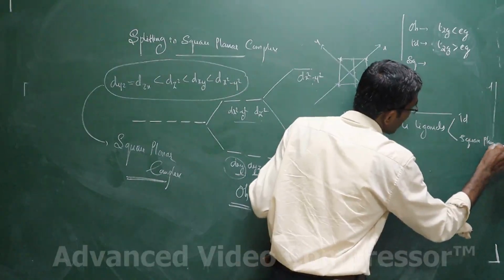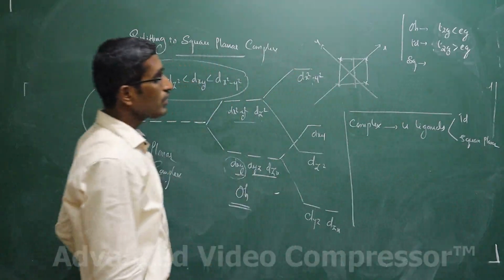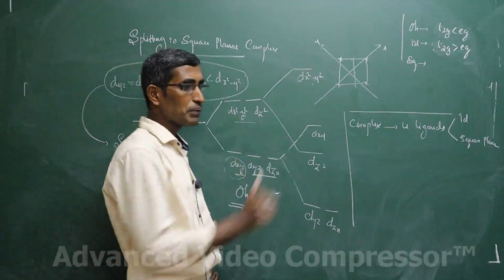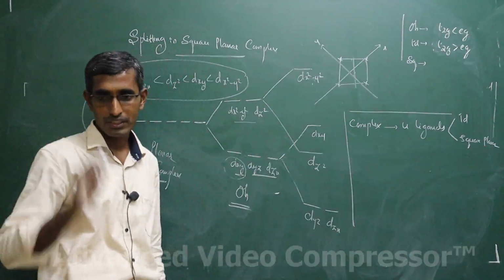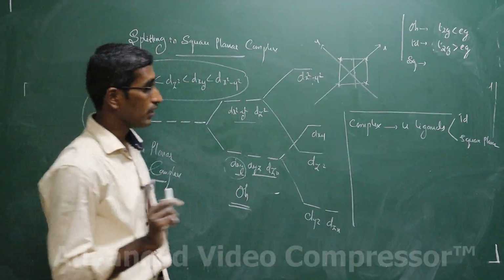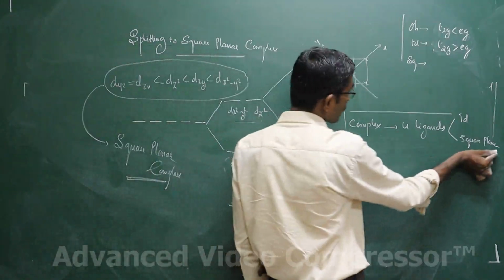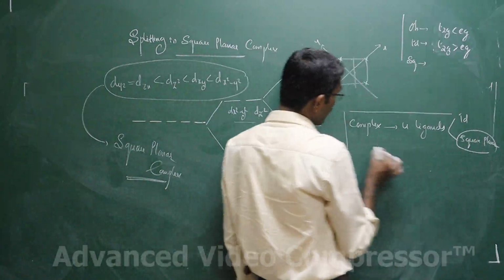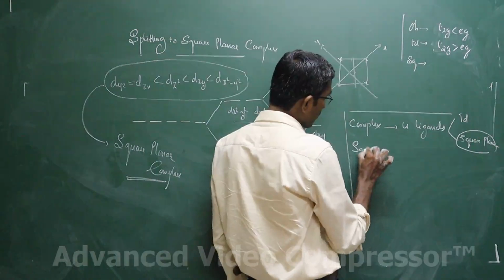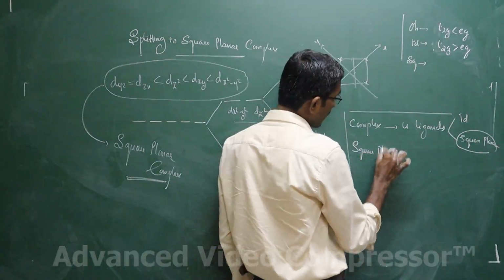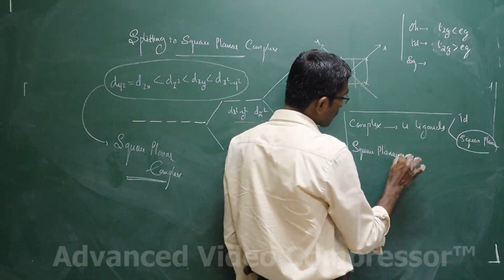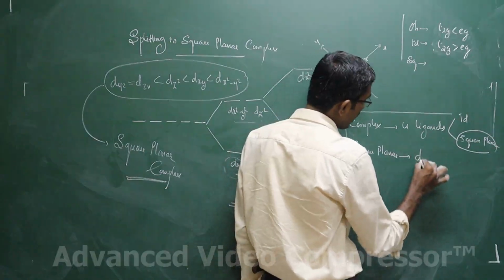Clear? Now the question is, can we directly predict whether it is a square planar or a tetrahedral complex? It can be done, student. I am talking about the square planar in specific. See, a square planar complex will be produced by a d8 system.